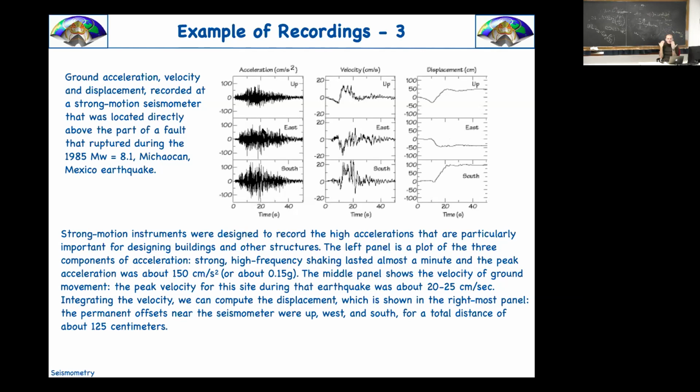Because they can compare immediately with the gravity acceleration and the weight of a building. Velocity, centimeters per second. Displacement, centimeters or meters. If you remember the Japanese recordings of Tohoku, also with GPS. But please notice the different frequency content here: very high frequency, intermediate frequency, long period.